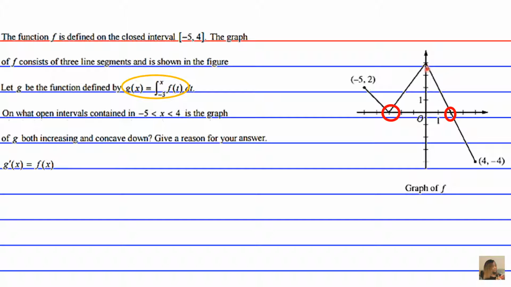And here again, we see the slope is decreasing but positive, and then increasing, decreasing, and negative. So this is like a local minimum, a local maximum, and then this point is going to be like a local maximum as well.